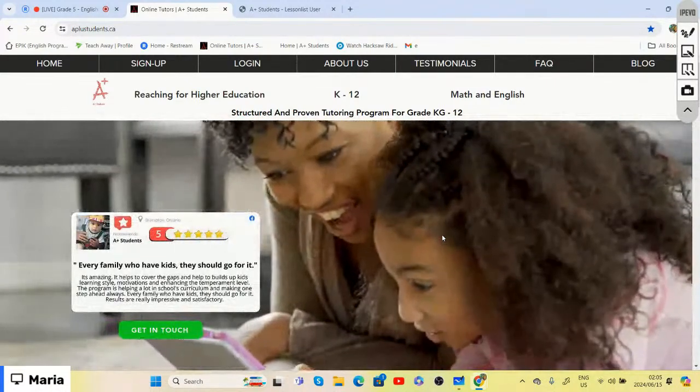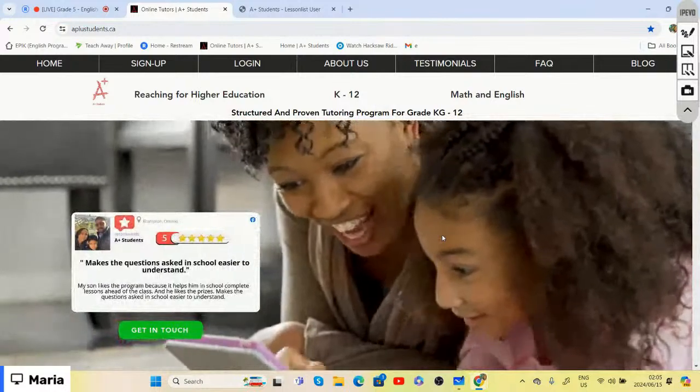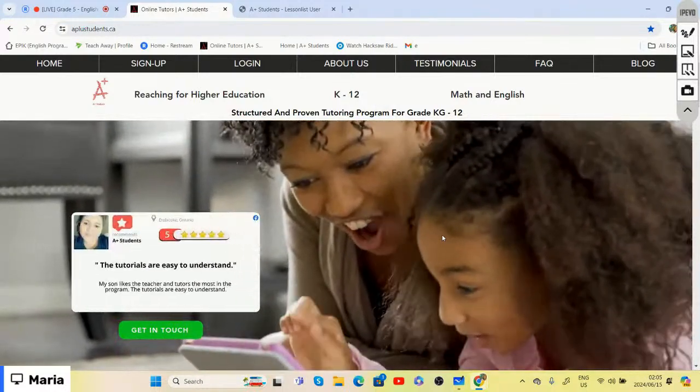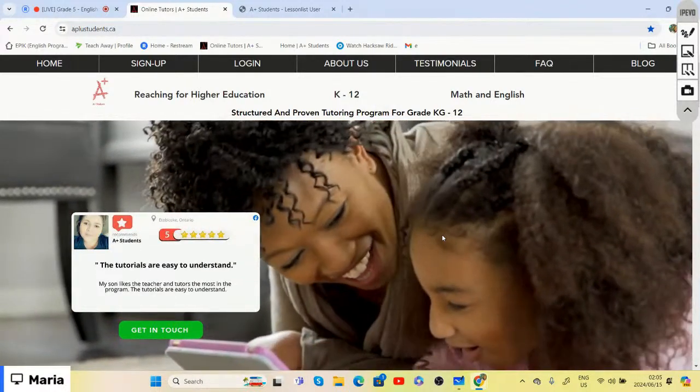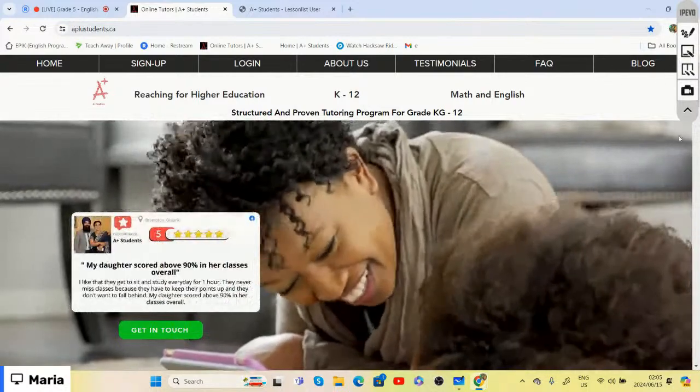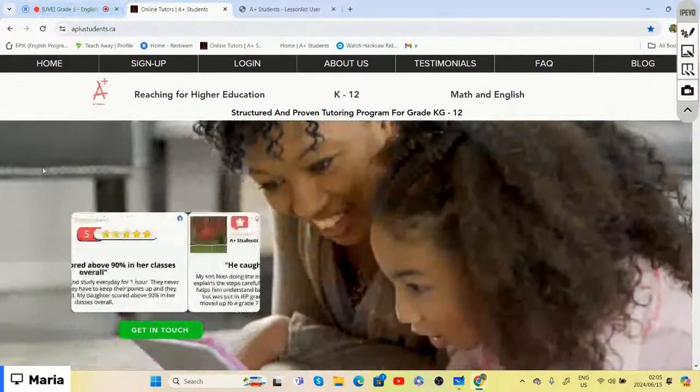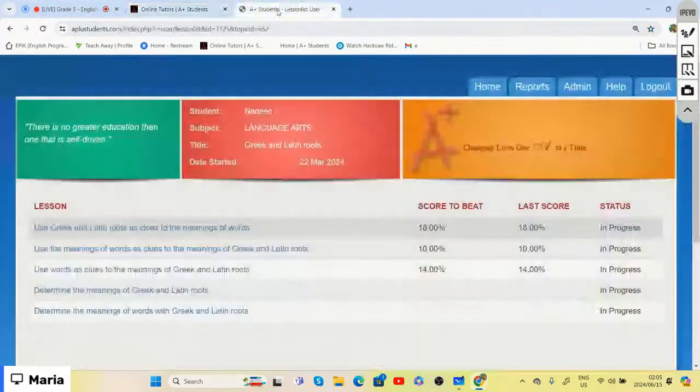All right, so we are doing our English Language Arts, grade 5, and then we're going to scroll down until we get to our chapter of Greek and Latin roots.